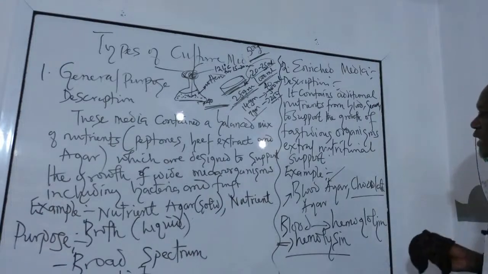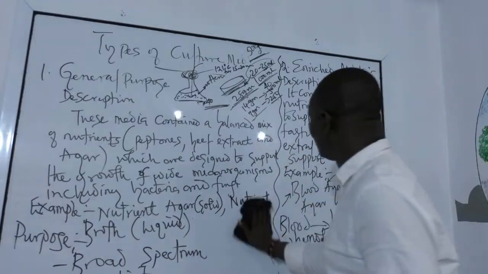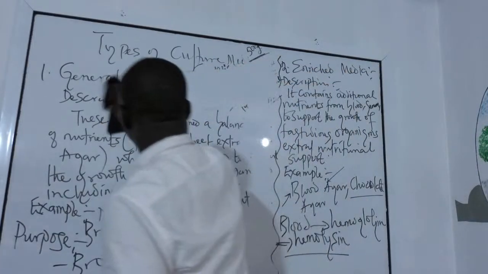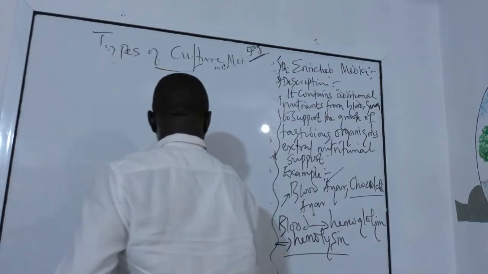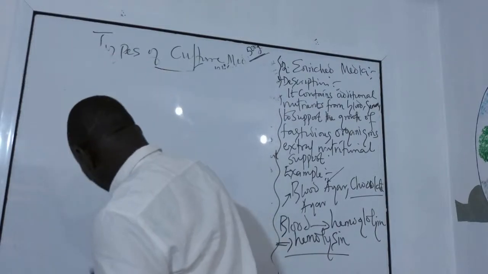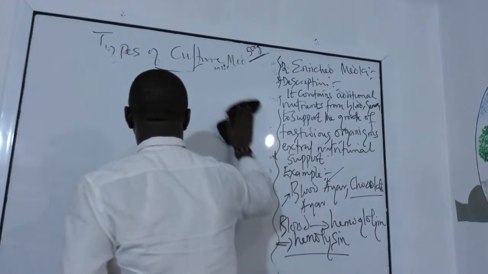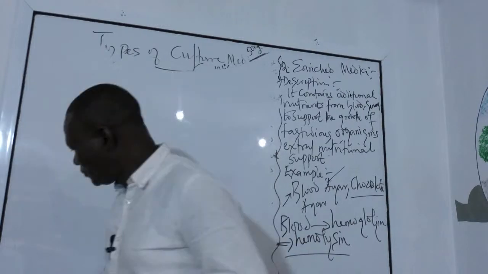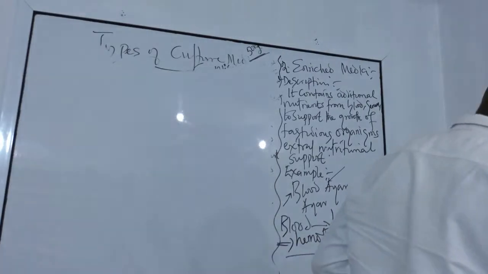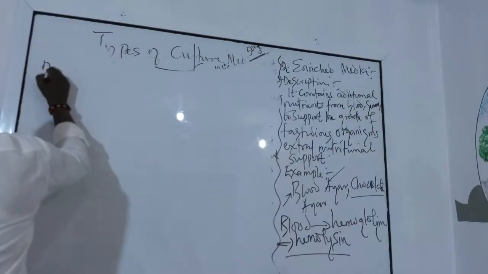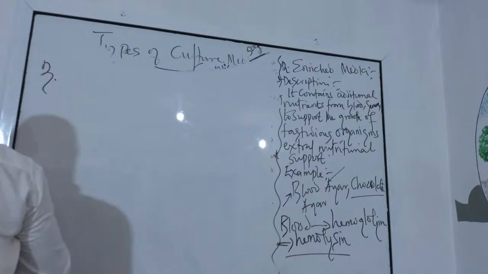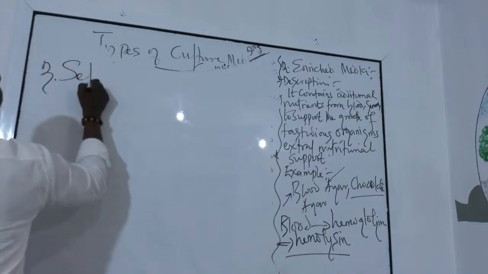So let's look at the third one, which is selective. From the word select, you must have added something that is going to select. So the third one is selective.